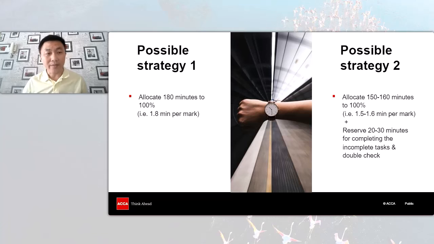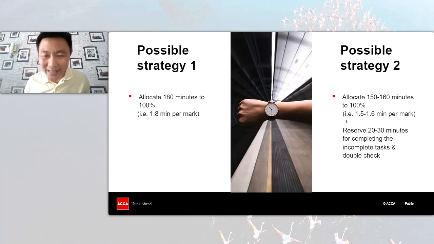Now think, if you follow strategy 1, where will you have a buffer to do a double check? So you need to allocate some buffer time for this part, which is why I gave you an alternative, which is strategy 2. Guys, I'm not saying that everyone must follow strategy 2. Choose whichever strategy you find best fits you and stick to it.